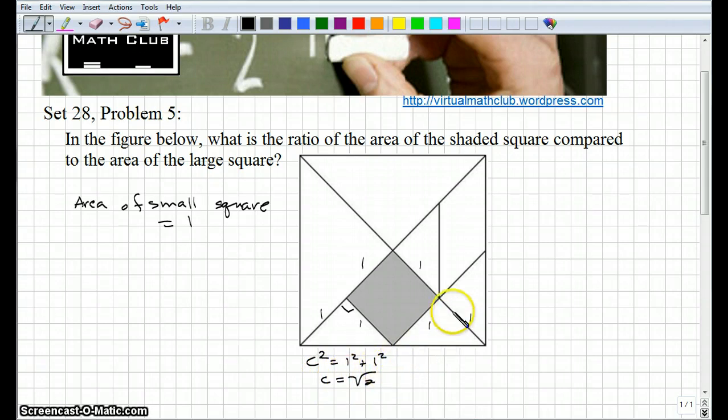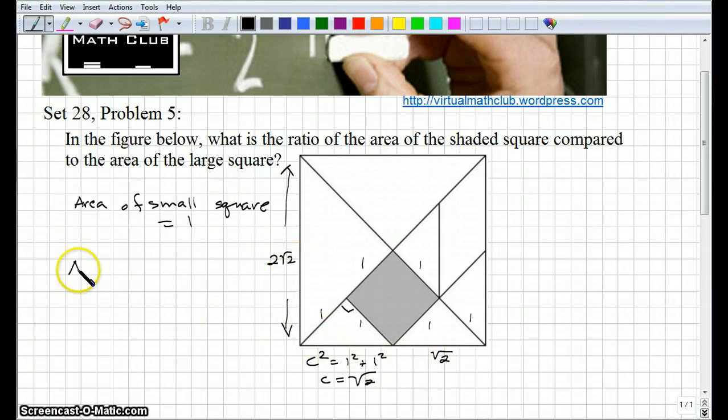And by the same logic, this side here is also the square root of 2, which then means that the whole length of one side of the square is 2 times the square root of 2. So this outer square has the dimensions of 2 times the square root of 2 by 2 times the square root of 2.